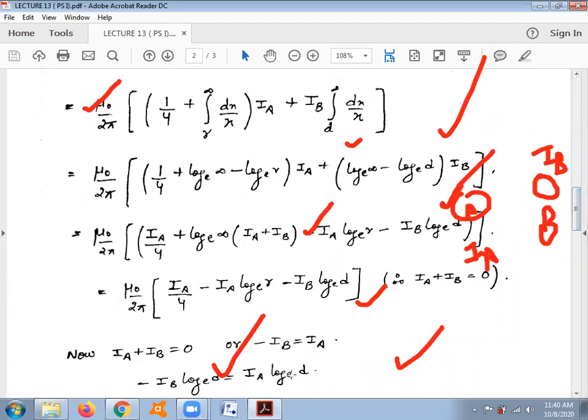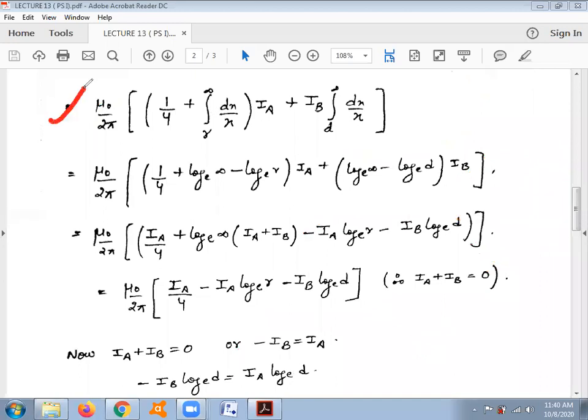As we proceed further in this derivation, the factor mu naught upon 2 pi is taken common.